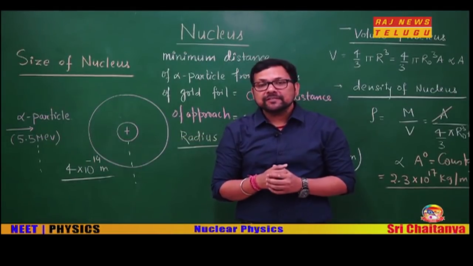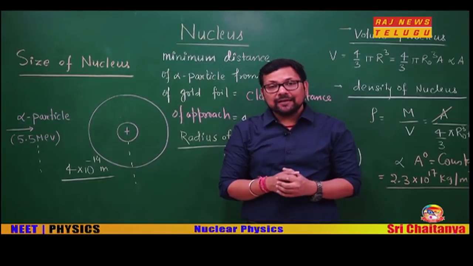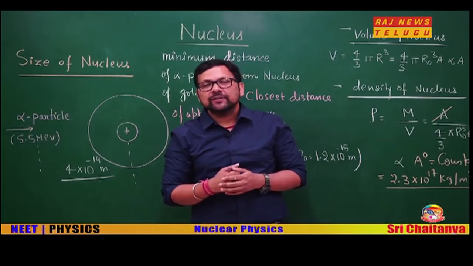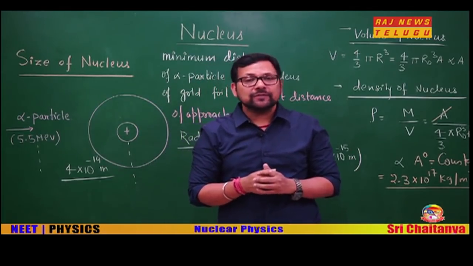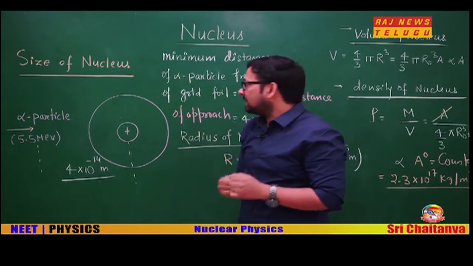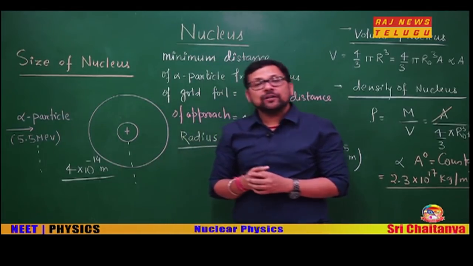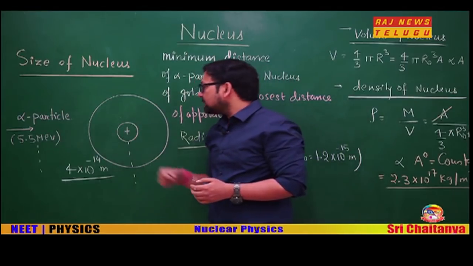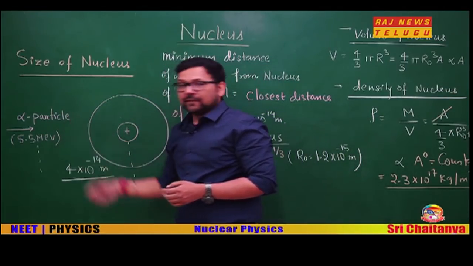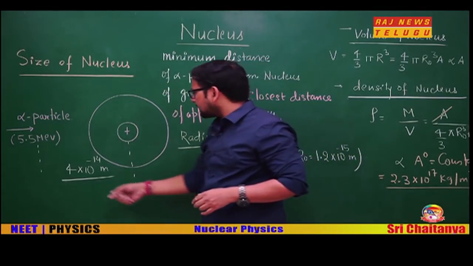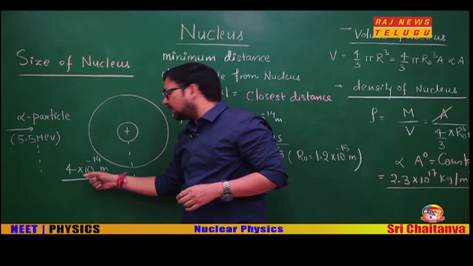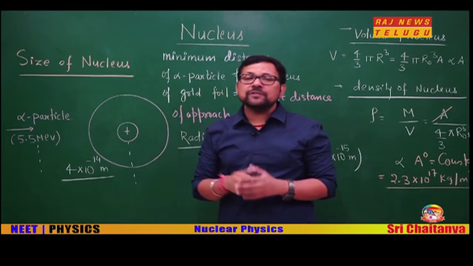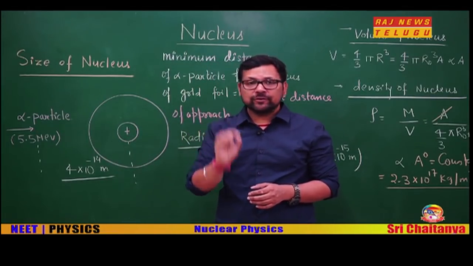Till now we have discussed the composition and the constituents of a nucleus. Now we are interested in what exactly is the size of that nucleus. For that, again we are recalling Rutherford's alpha particle experiment. In that experiment, the alpha particle was stopped almost at a distance of 4 into 10 raised to power minus 14 meter from the nucleus, with obvious reason of the nuclear repulsion.